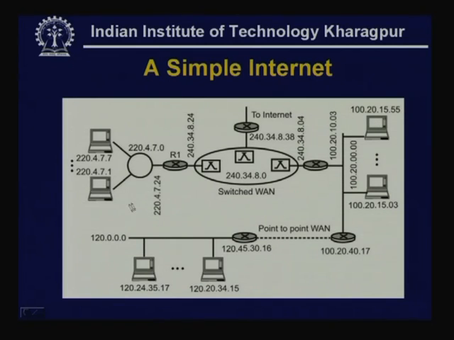And you will notice that whenever the internet working is being done, we have a different kind of notation, 240.34.8.24. What are these? We have not yet discussed. These are essentially IP addresses that are used in internet working, and which is part of the TCP/IP.